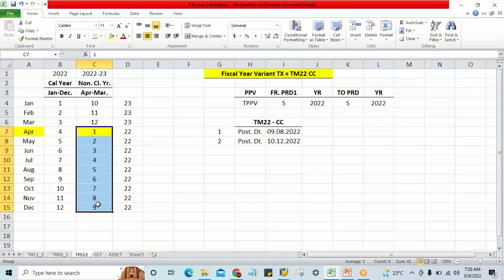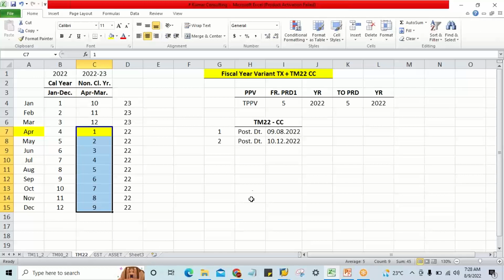People spend hardly 2 or 3 minutes on the posting period variant, 5 minutes on the fiscal year variant, 5 minutes on other settings, right? So they know how to set this up, isn't it? But knowing how to set up is not going to make you a perfect consultant. We need to know why to set this up, and when I have to explain why, it takes time.